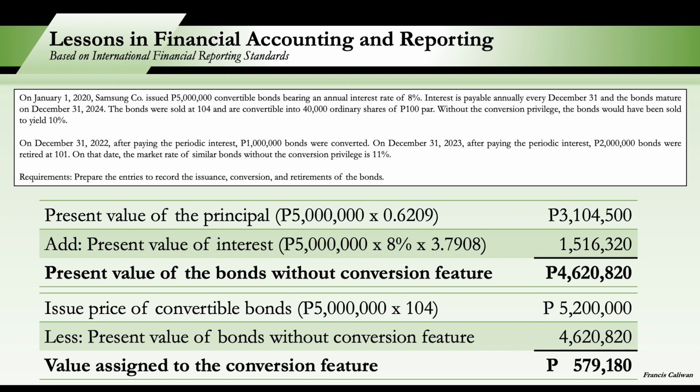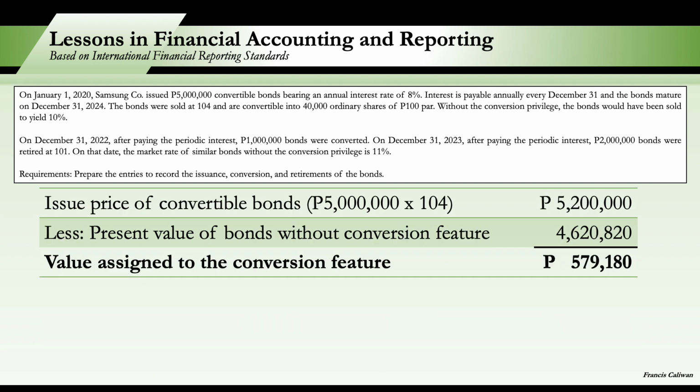So issue price is 5 million times 104% or 5,200,000. Deduct the present value of the bonds without the conversion feature, which is 4,620,820, and therefore the value assigned to the conversion feature is 579,180.